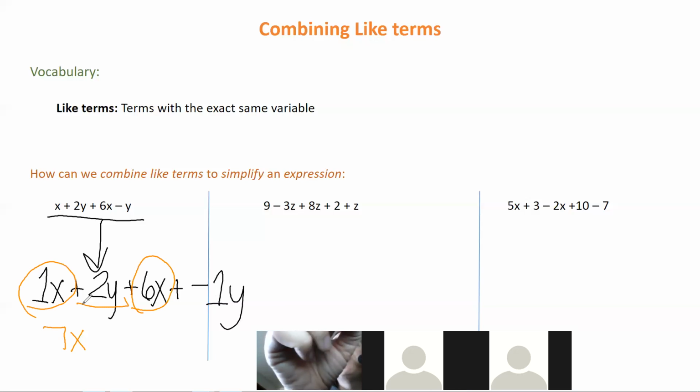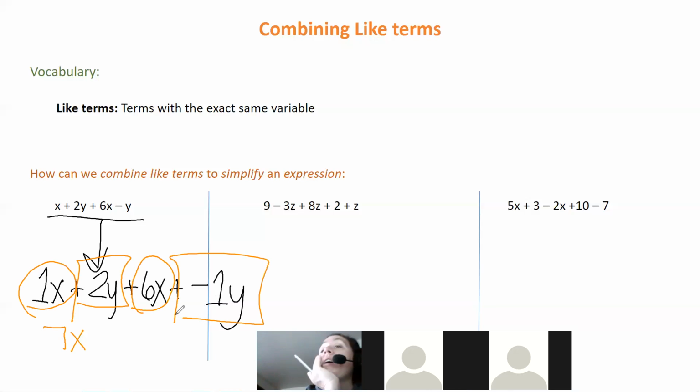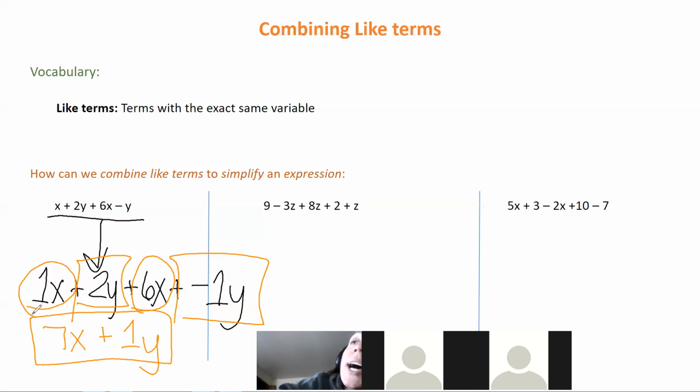So we have 2y and minus 1y. One y, very good. And it would be a positive because 2y is positive. 1y plus 7x, that's right. And I wrote it as 7x plus 1y, but that's right too. Beautiful.